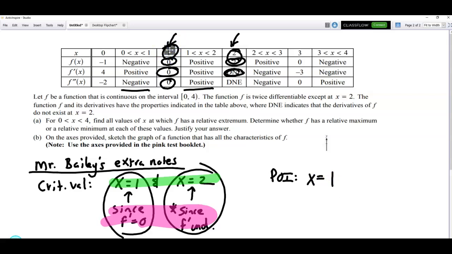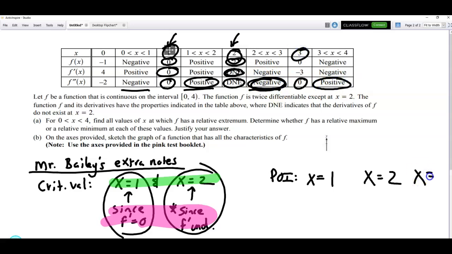Let's see if we can find another one. Here, it does not exist. We also change from positive to negative. So it's another switch there, and that is at x equals 2. And then, if you notice right here, we have another place where it goes from negative to positive, and that's at x equals 3.